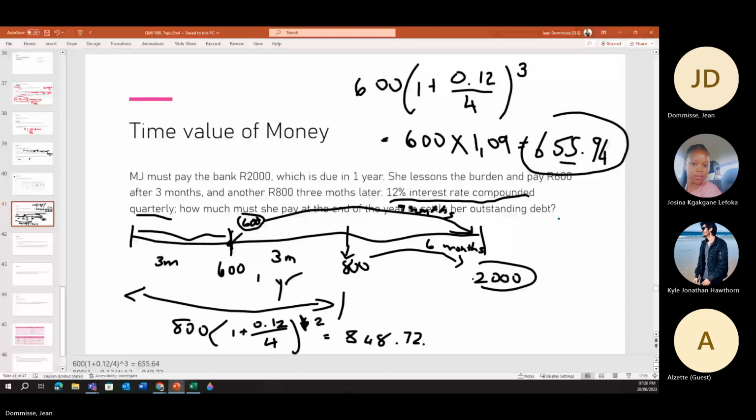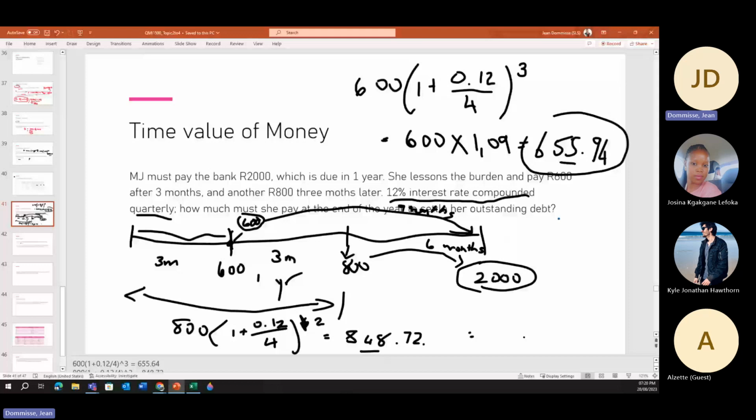So by then saying she would have paid us 2,000, but with that interest nearly added to those 2 payments, she's paying us less. So then she's paying us 2,000 minus the 848, minus the 66 or 655.